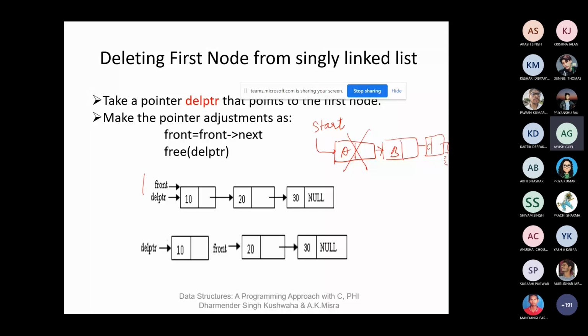Now it's start to next, means this first node, or we can say temp to next that contains the address. अब ये start में आ जाना चाहिए. So start equal to start to next. And free the memory.